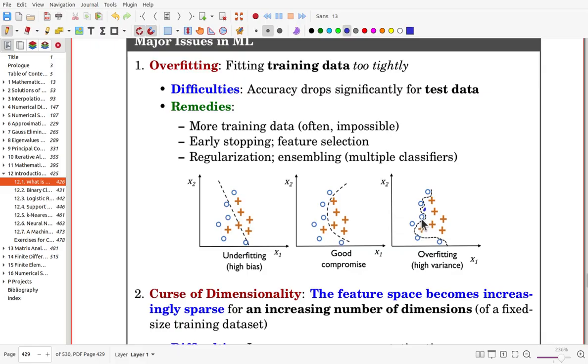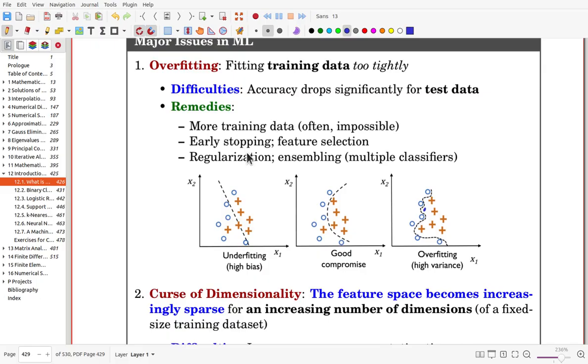To overcome this issue, you may try to use more training data. However, this is impossible in most cases because data points are not simply obtained. By paying money you can get data points, so more data points is often impossible. Also, during training, because you are using an iterative algorithm, you may try to stop the iteration earlier.